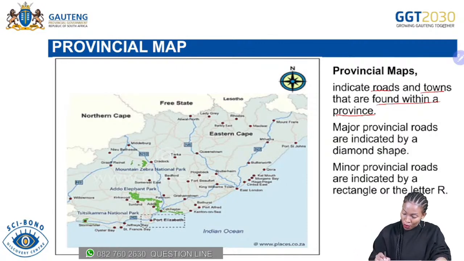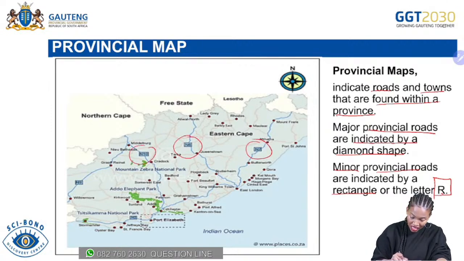And then the major provincial roads are indicated by a diamond shape. So in this case, we don't have a diamond shape. And then the minor provincial roads are indicated by a rectangle or the letter R. Remember, the R, I said, is for regional roads. So in this case, I can see the national roads appearing in our map, which is your N2, your N6, your N10.